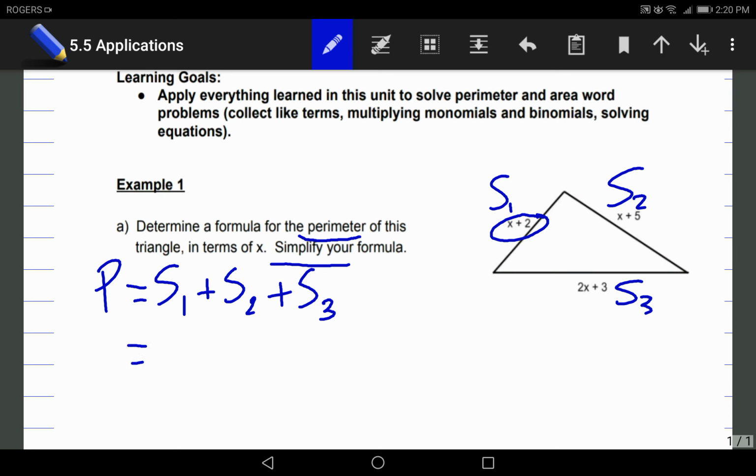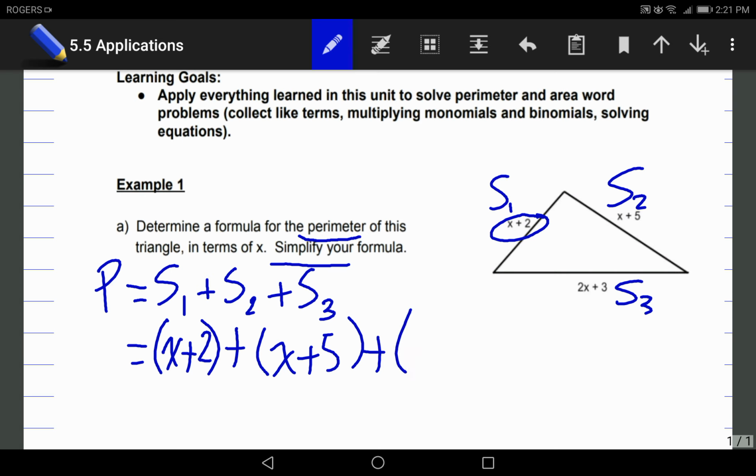Now remember what I said a couple lessons ago: when you substitute an expression into a formula, you always have to do it in brackets. So get in that good habit. So x plus 2 will be replacing s1, and it goes in brackets, plus bracket x plus 5, and then plus bracket 2x plus 3.